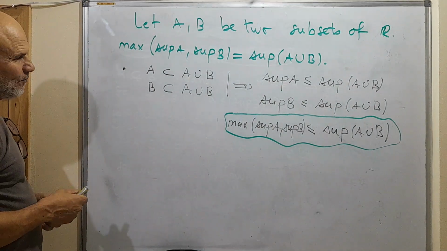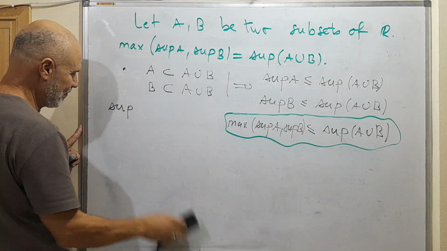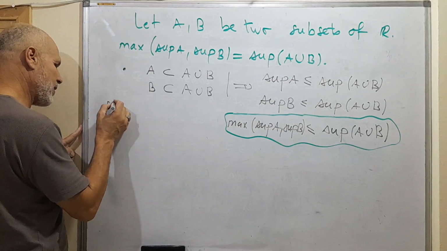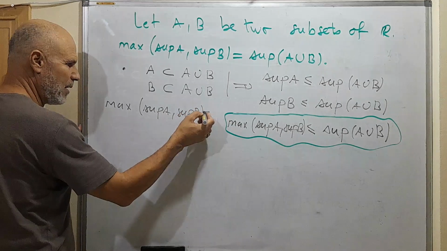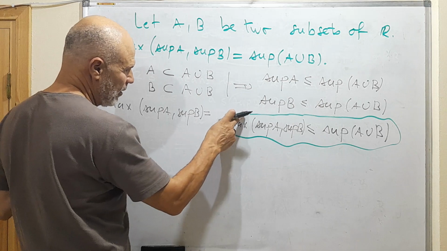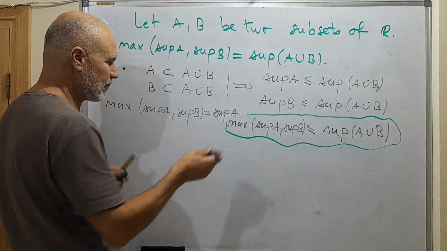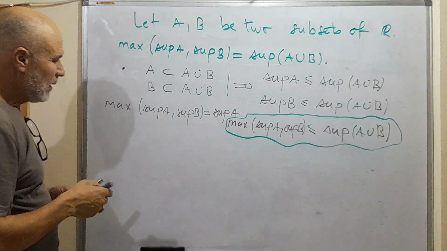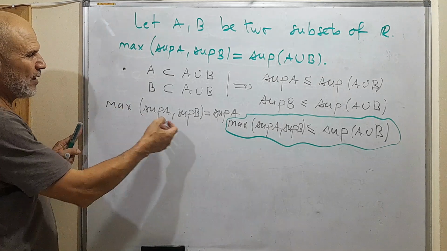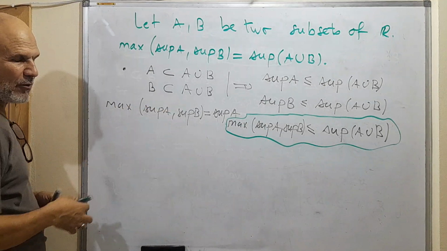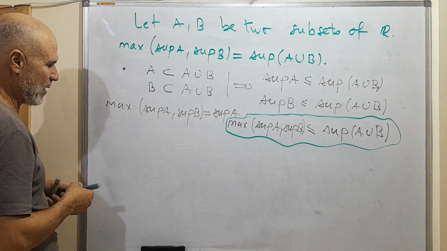For the second one, we can suppose that the maximum between the supremum of A and the supremum of B is equal to the supremum of A. And by symmetry, we can repeat it if the maximum is equal to the supremum of B. So let us suppose this one.